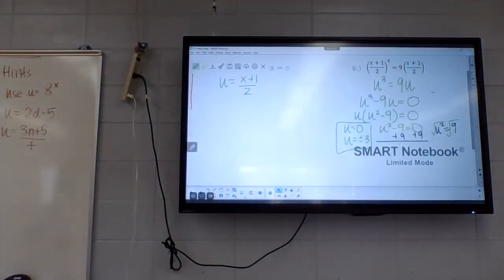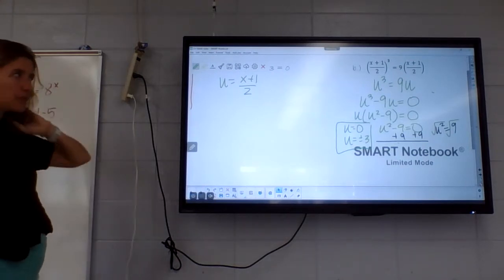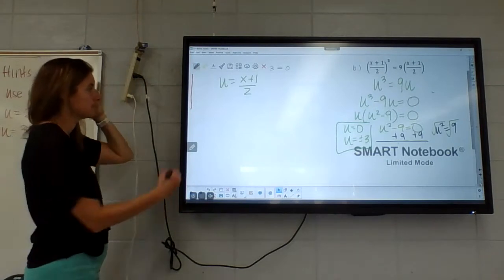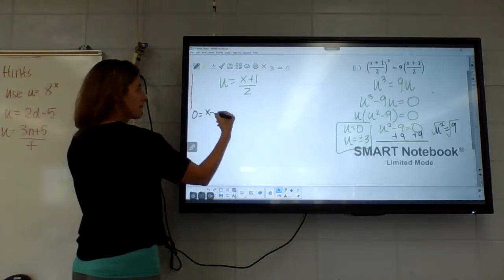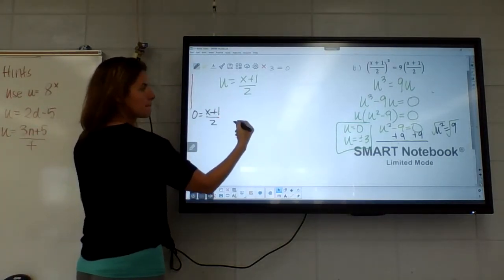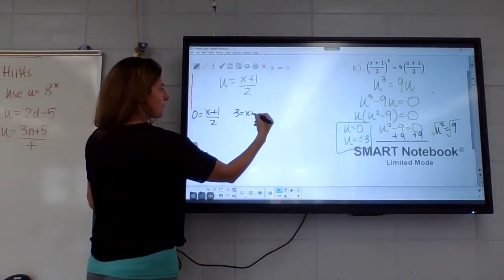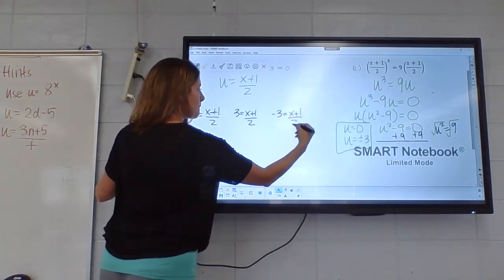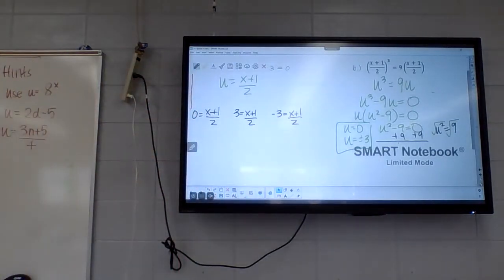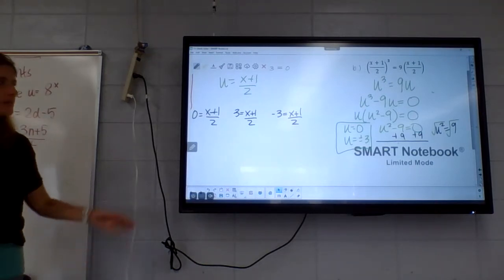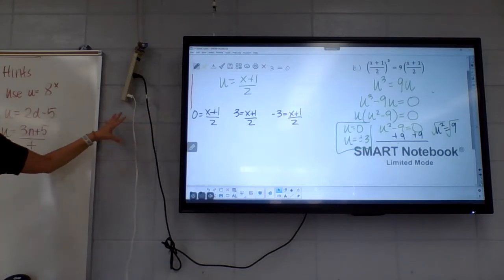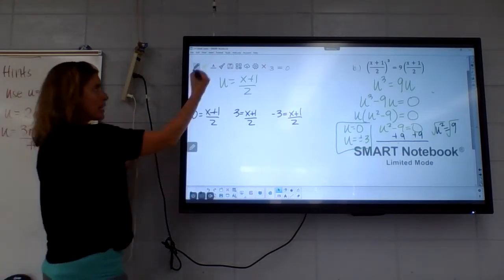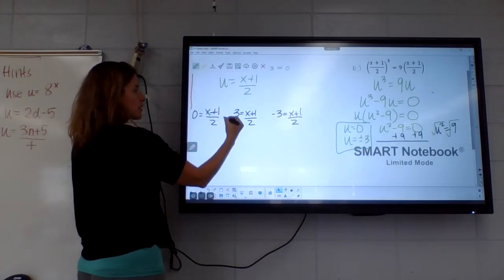So I'm going to have to set up 3 different options for my x value. We didn't include them all. So I put those in for U now. On all of these, I'd like to get rid of the divide by 2 first, so I'm just going to multiply by 2 all the way across the board to get those all to cancel.